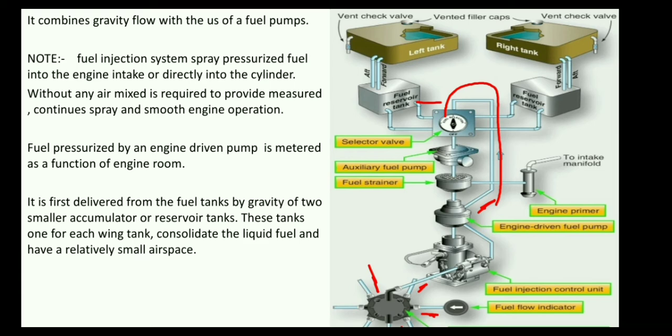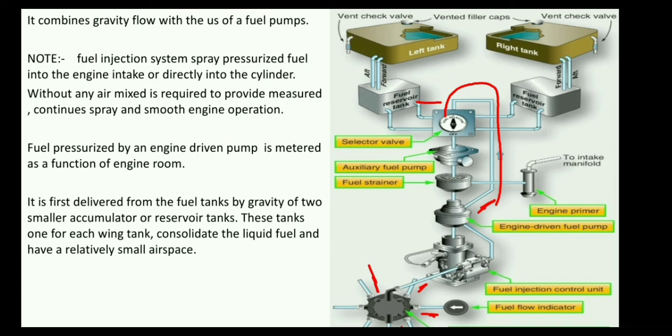So the fuel injection system sprays the pressurized fuel, meaning the injection control unit is used to pressurize the fuel so it can deliver into the cylinder, and no air mixture is required, providing a measured continuous spray and smooth engine operation.